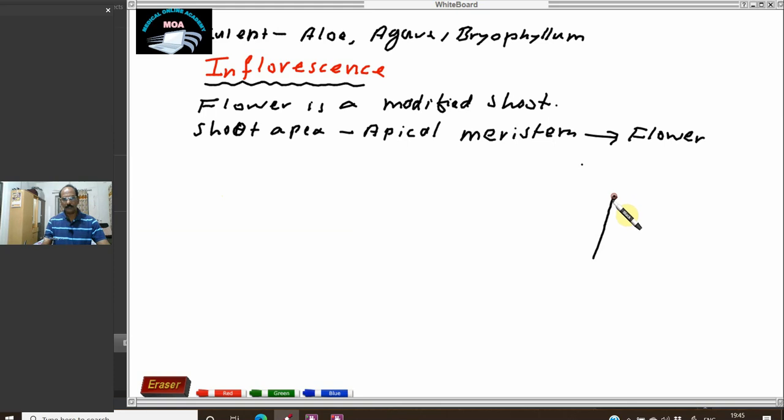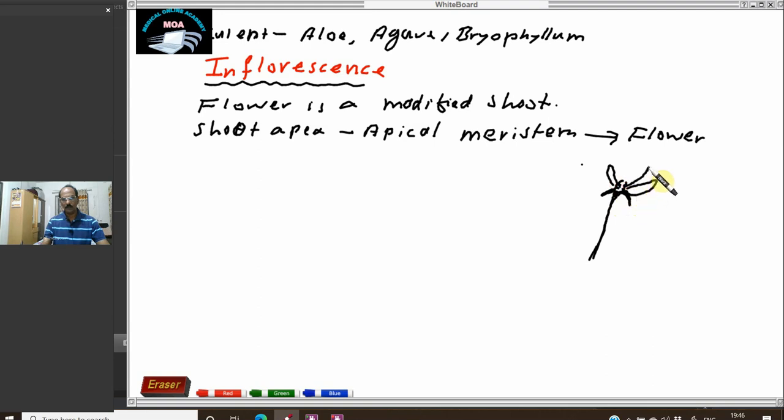So suppose this is the plant. This is the stem of the plant, and here the apical bud will be modified into a flower. Actually, the apical meristem is modified into a flower. When it is modified into a flower, the first, second, third nodes become condensed. They cannot elongate. From the nodes a leaf is produced, and this leaf is changed into a part of the flower. So this is the calyx, and here it is changed into the petals, or the corolla.